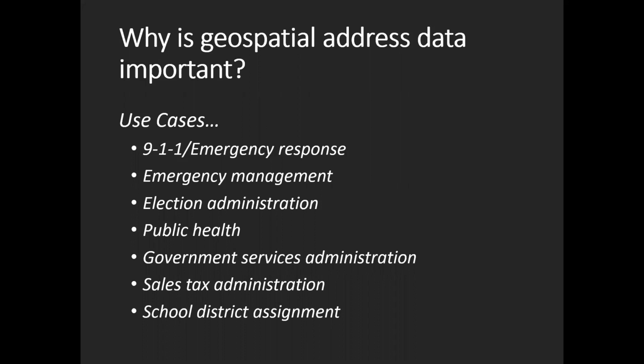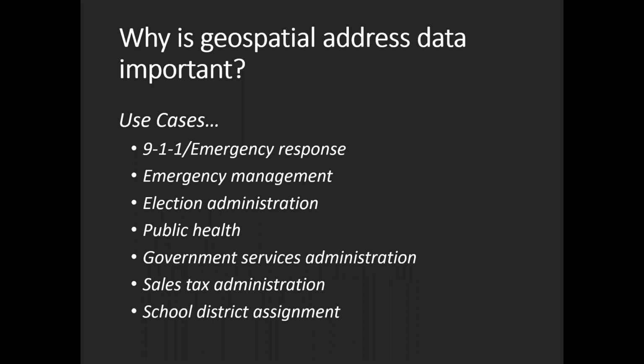That's why I said your address is one of the most fundamental pieces of information that a government entity has about you. And as you look at these, most of these involve some type of area or polygon. If you're thinking in a mapping or GIS sense, most of these can be represented by some area, an election precinct, a school district, a taxing entity, etc.